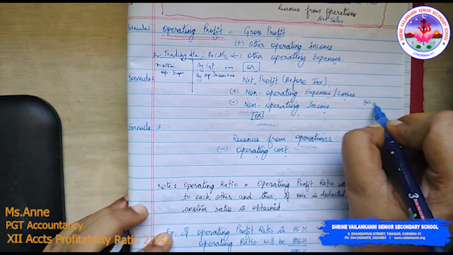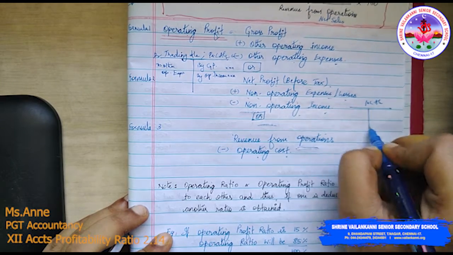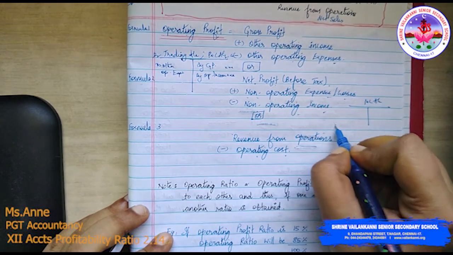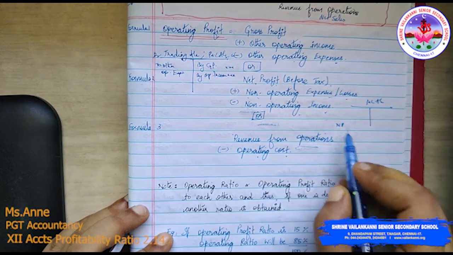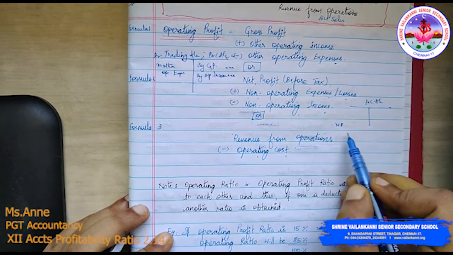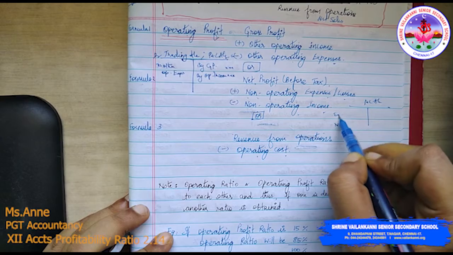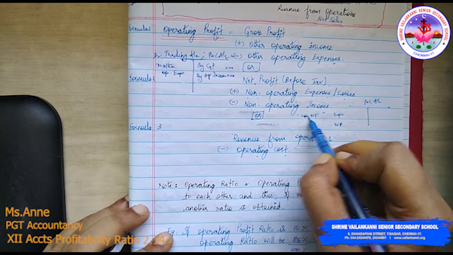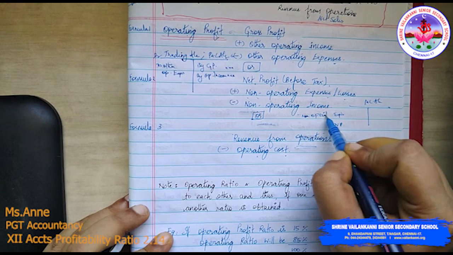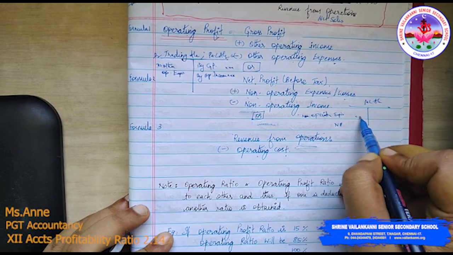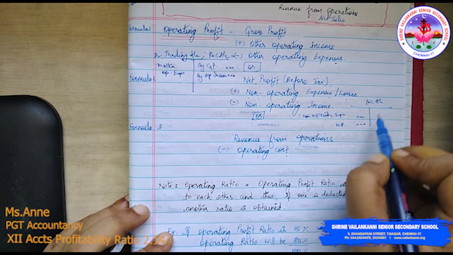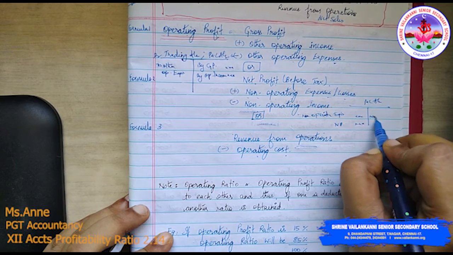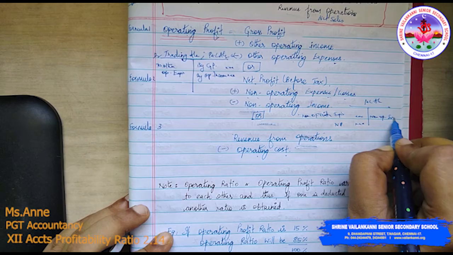See, you have your P&L account. Net profit. Yes, we have derived at net profit. What you have to add? You have to add expenses. What expenses? Non-operating expenses you will add. What you have to deduct? You will deduct non-operating income.